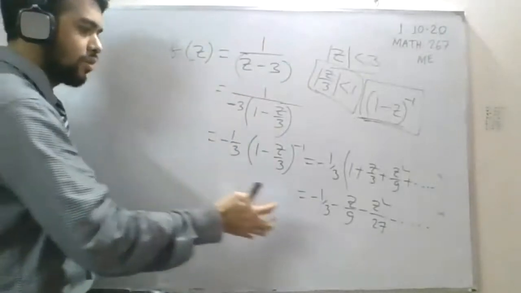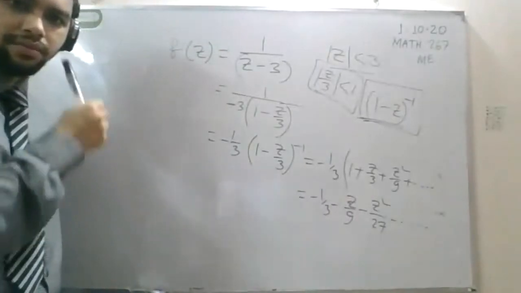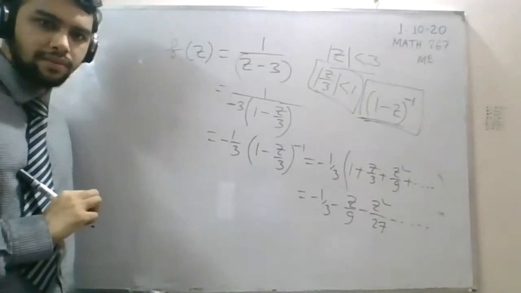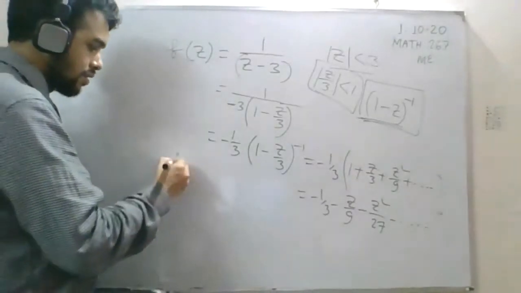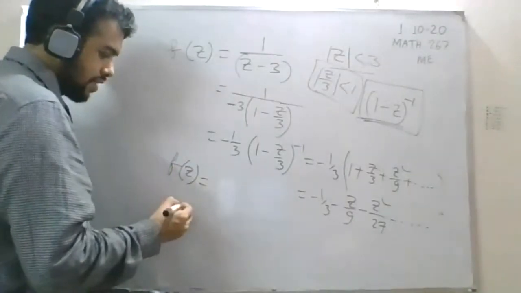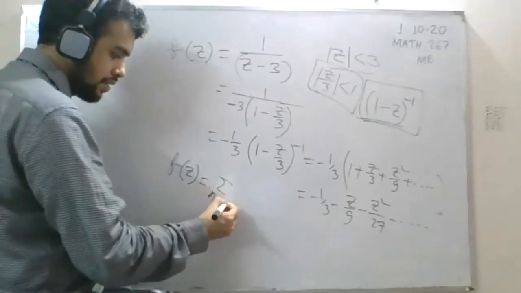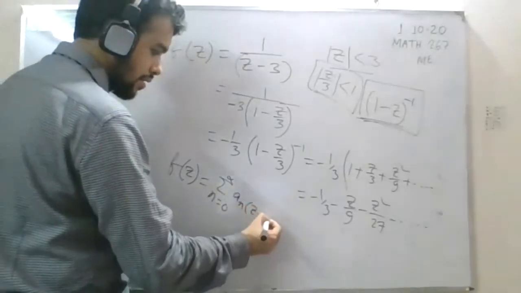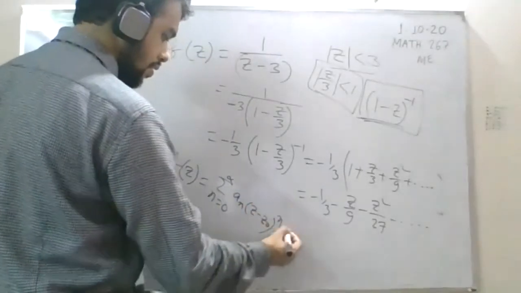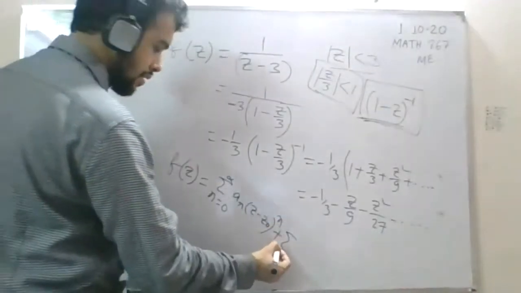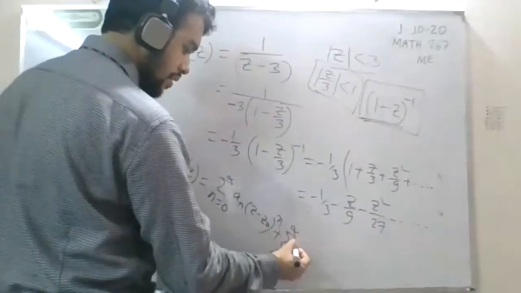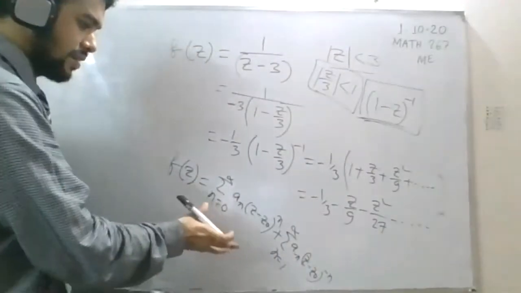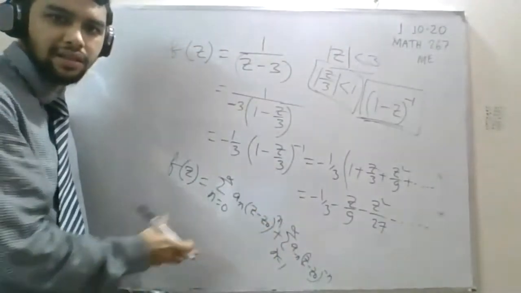Okay, tell me, what will the Laurent series be? This is one kind of Laurent series because you already know the Laurent extension will be a_n (z minus a) to the power n. Just looking at this series, you will understand that it is a Laurent series if you compare it with this.